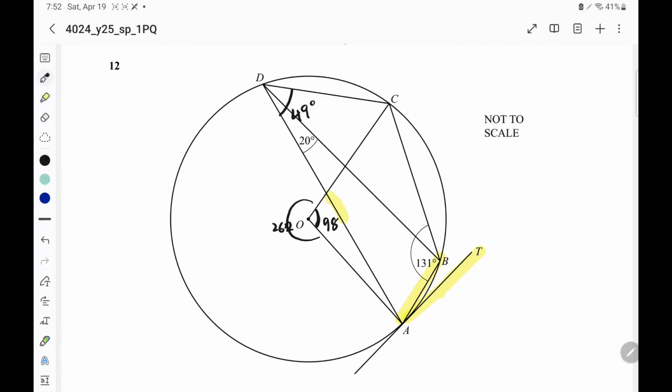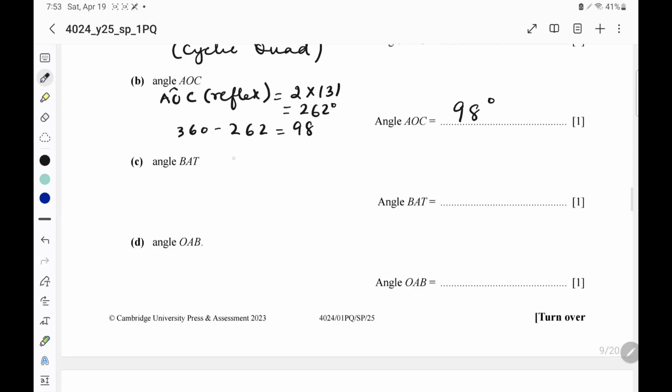Here we use angles in the alternate segment. If you have an angle here, it is equal to this one, which is angles in the alternate segment. So BAT is equal to 20 degrees. The reason is angles in the alternate segment.